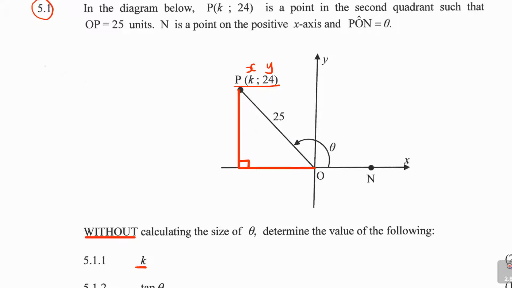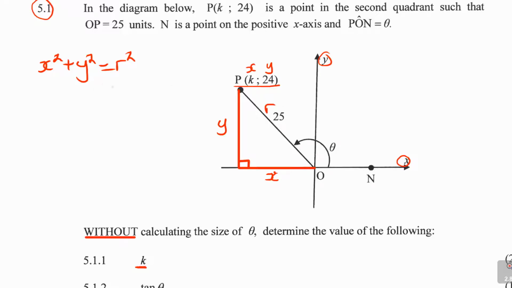Remember, Pythagoras says x squared plus y squared is equal to what? r squared. So now you need to find out which one is your x, which one is your y, and your r. You can see that my y is vertical, so we'll make that the y, and the x is horizontal, we make that the x, and then r becomes that.